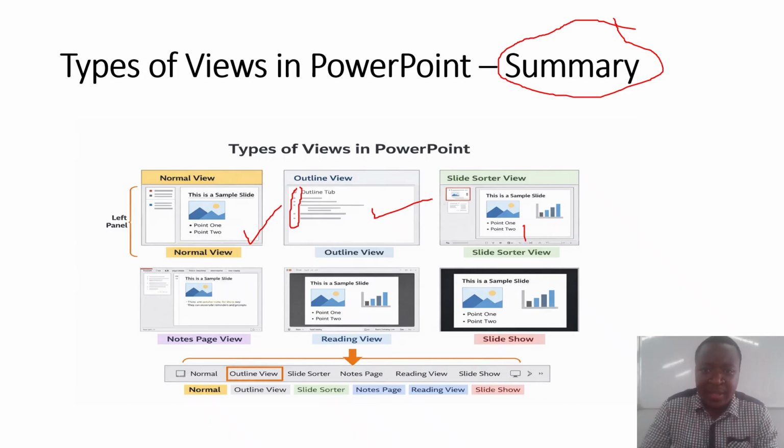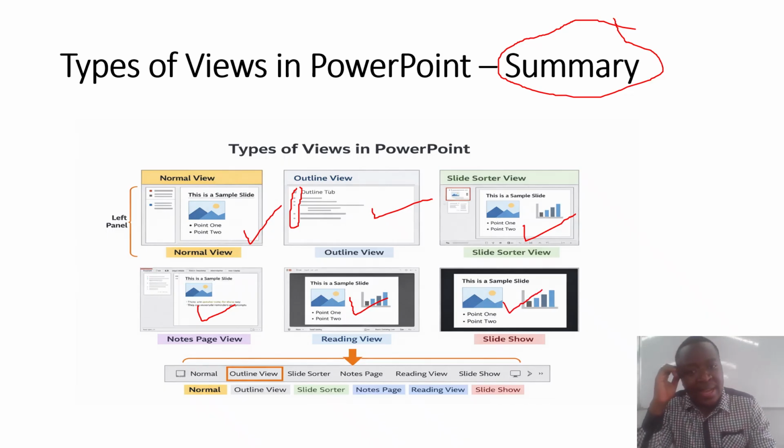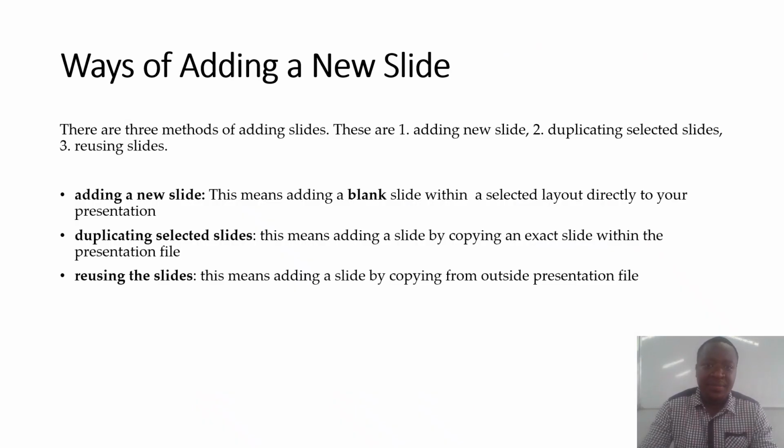Then this one is the slide sorter view, this one is notes page view, and this one is the reading view, which takes the full screen. If you click here, the presentation will take the full screen. And then we have slideshow. So these are the 6 types of views in a PowerPoint presentation.